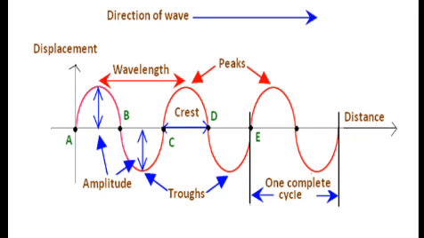That's for a transverse wave at least. There's the other type of wave called a longitudinal wave, but we're not going to talk about that in this video because our focus is on electromagnetic waves, which are all transverse in nature.